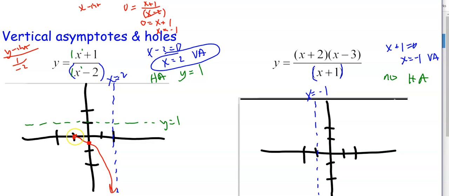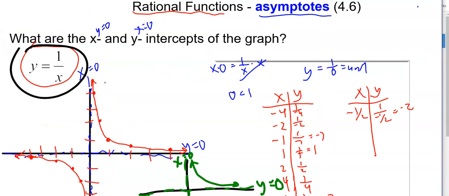Here again, the graph is going to approach this asymptote at y equals 1. So the bottom left-hand portion of this graph is just going to look like that. By the way, there can't be a graph here and here.